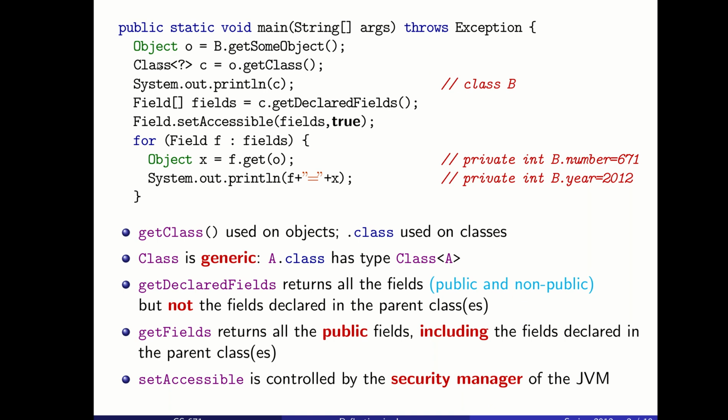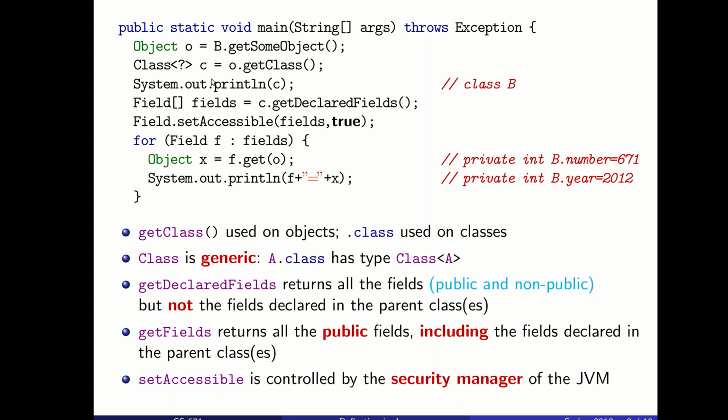For instance, if we have a class called A, then a class representing A would be of the type Class<A>, where A is defined as its generic value. We can get class objects from the .class variable that belongs to classes, or calling getClass from an object. So there are two different ways to get the class.